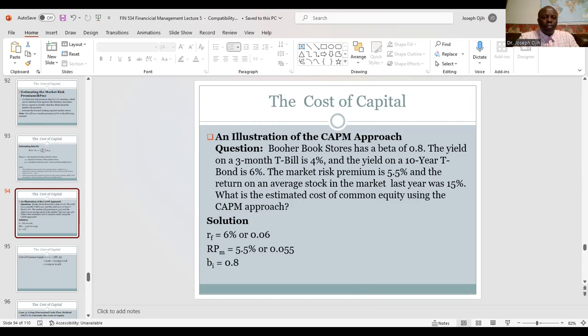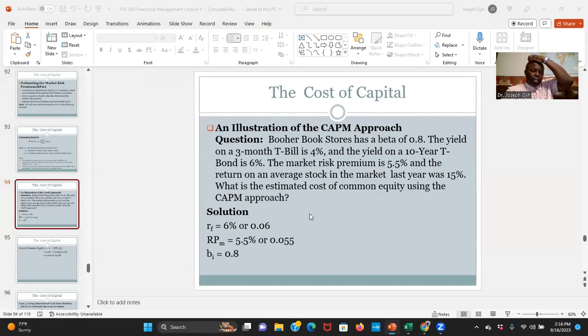Okay, so look at this question. It says, this is an example of how to use the capital asset pricing model to calculate the cost of common equity. Bookstores has a beta of 0.8.